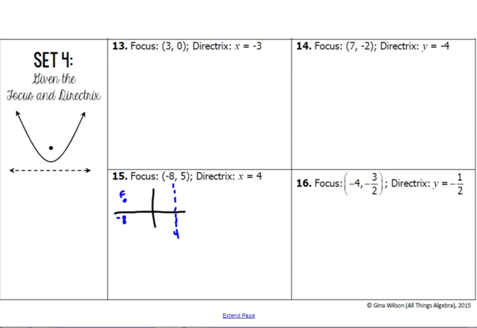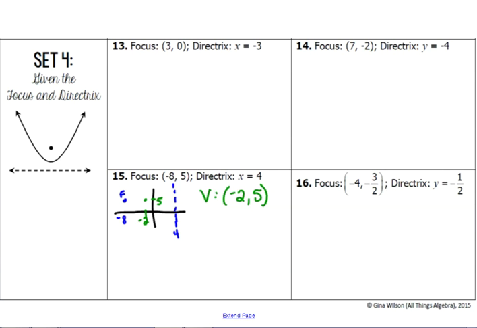So what's between -8 and +4? -2. -2 would be right in the middle, and it's at the same height as your focus. So our vertex is -2, +5.